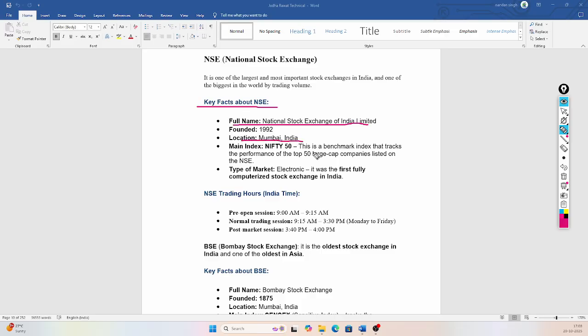Main index: Nifty 50. Most people say Nifty or Nifty 50. They are the same. We can say Nifty and we can also say Nifty 50. This is a benchmark index that tracks the performance of the top 50 large cap companies listed on the NSE.